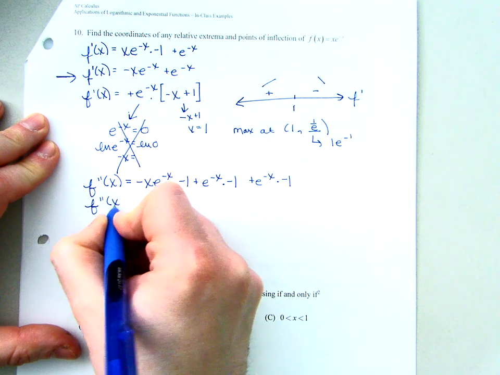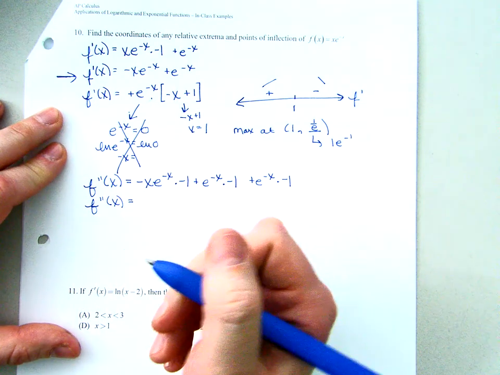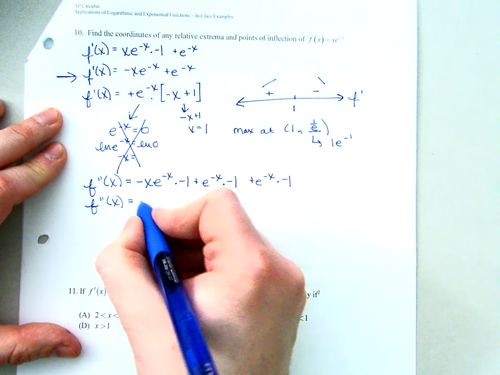You need to be using product rule on negative x e to the negative x, chain rule within that.